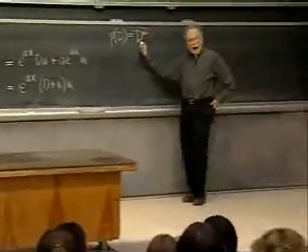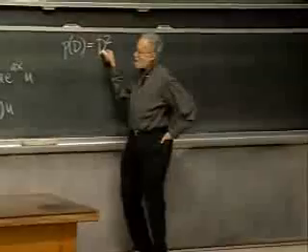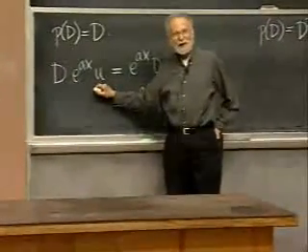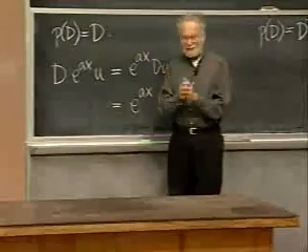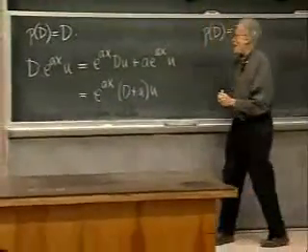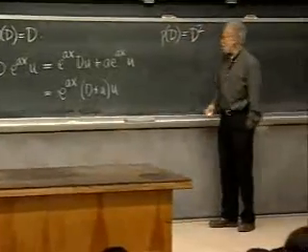Now, you're a hack if you take d squared and start calculating the second derivative of this, okay? Of course you're not hacks. It's just you haven't learned the right thing to do. That will work, but it's not what you want to do.